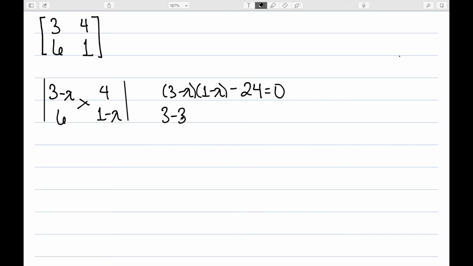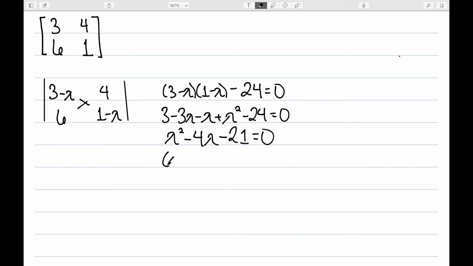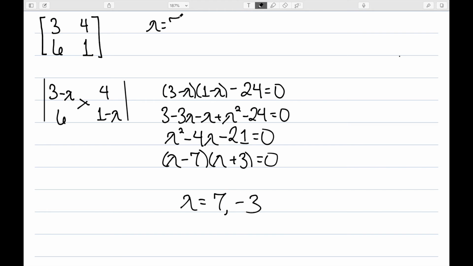This is 3 minus 3 lambda minus lambda plus lambda squared minus 24 equal to 0. That's lambda squared minus 4 lambda minus 21 equal to 0. This factors into (lambda minus 7)(lambda plus 3). So my eigenvalues will be 7 and negative 3. So we have lambda equal to 7 and lambda equal to negative 3.